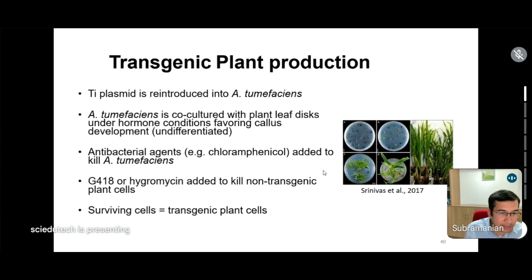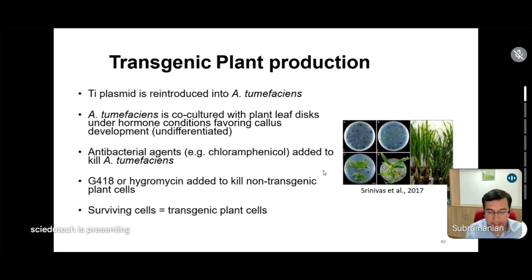Then you can use antibacterial agents like chloramphenicol to kill agrobacterium. Once the job is done, you don't want the agrobacterium to keep growing because it can destroy the plant cells. Overgrowth of bacteria can cause necrosis and plant cells can die. So once you have co-cultivated, you want to remove the agrobacterium using antibiotics like chloramphenicol, and then you use hygromycin to kill the non-transgenic plant cells.